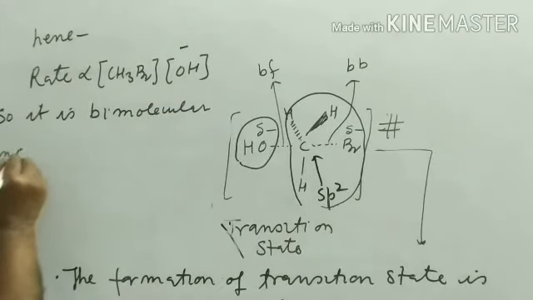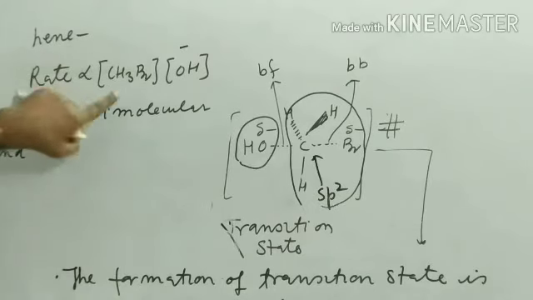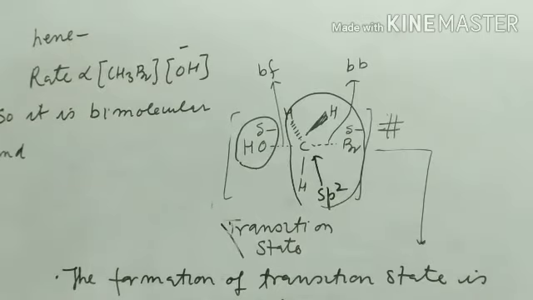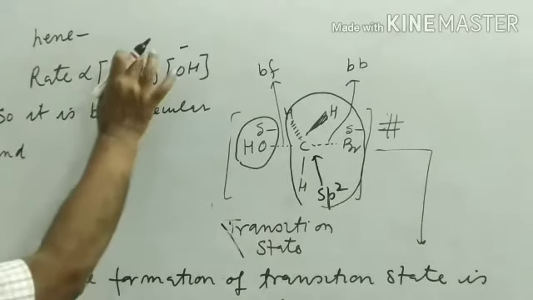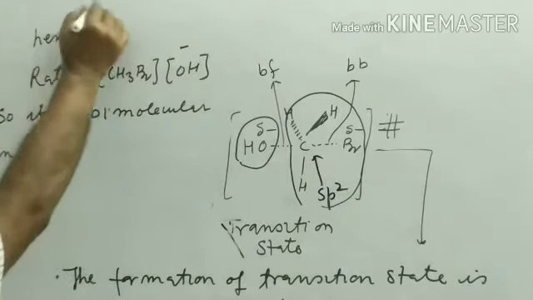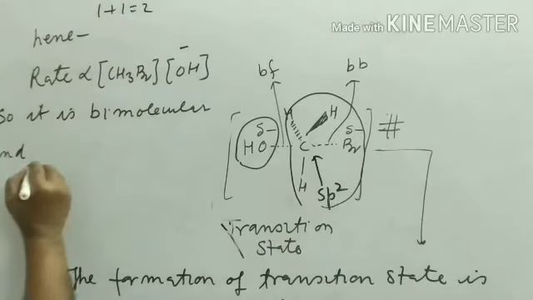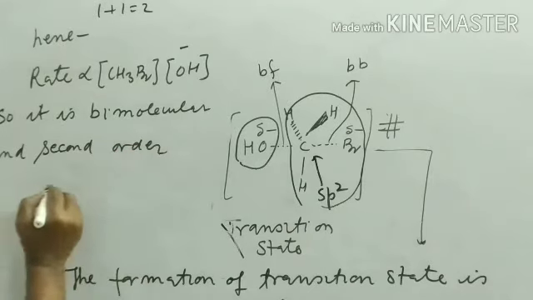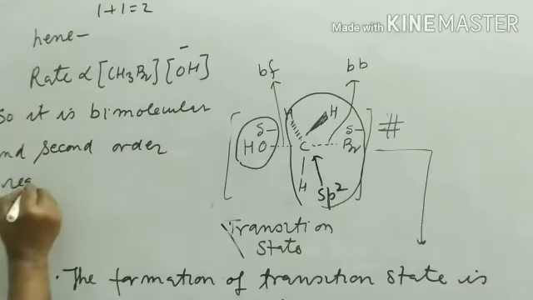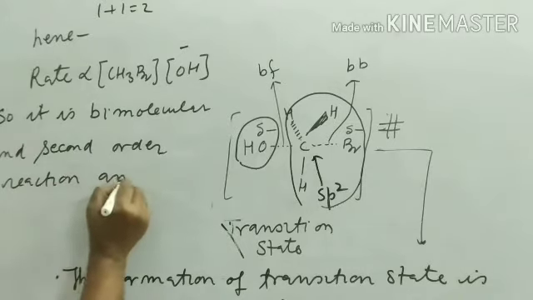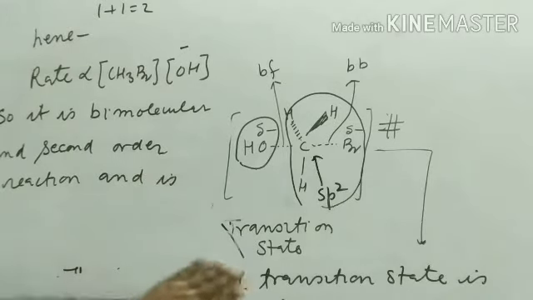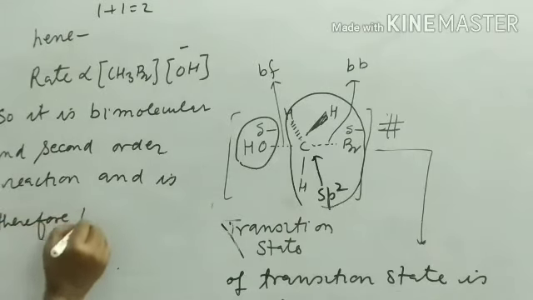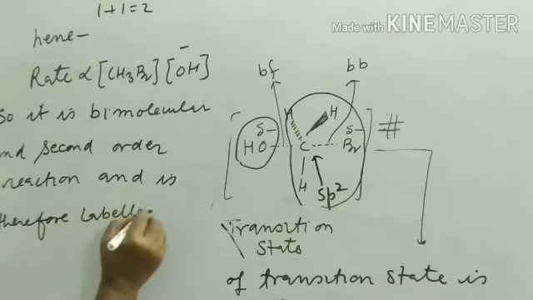Second order means the power of this bracket and the power of this bracket are added. This is 1 and 1, so 1 plus 1 is 2. So, it is a bimolecular second order reaction and is therefore labeled as SN2 reaction.